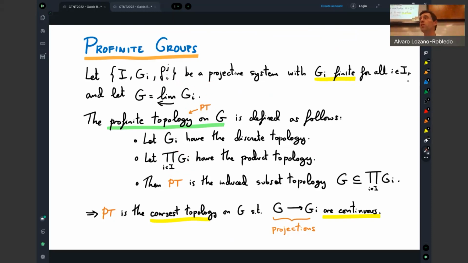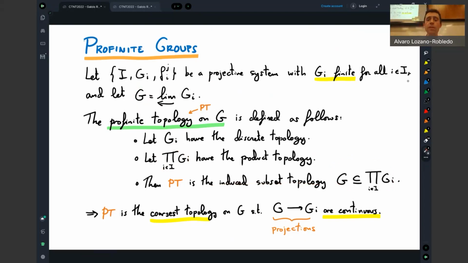If you do anything else than the product topology, then all sorts of weird things happen with those subsets. So we're going to have the product topology there, and then since this is a subgroup of the product, put the induced subset topology on G, and that is the profinite topology.